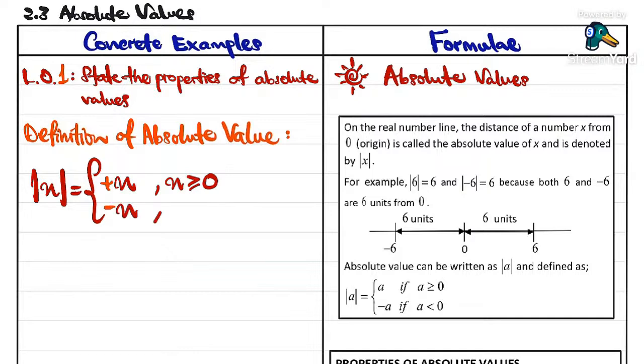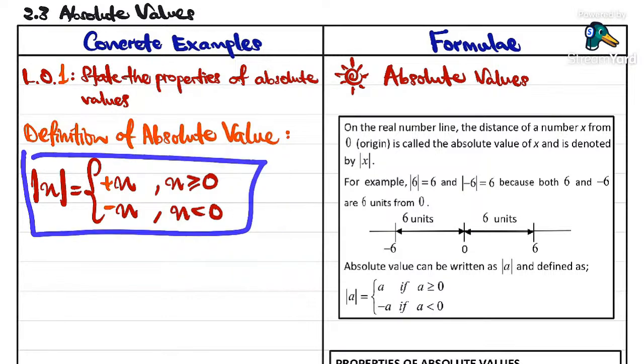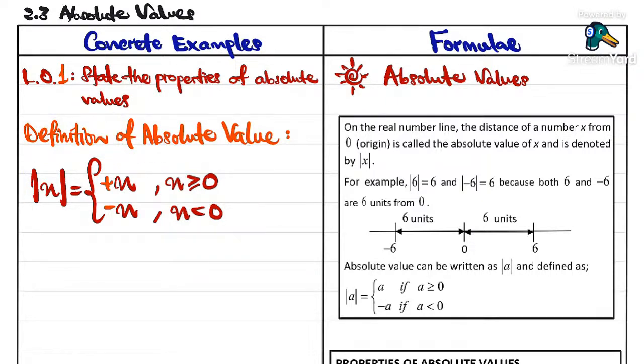So we have two value of x, where x is less than 0. So one is more than 0. Another one is less than 0. This is just a definition of the absolute value. So the definition is very crucial. Whenever you see a modulus, it means we have two value of x.